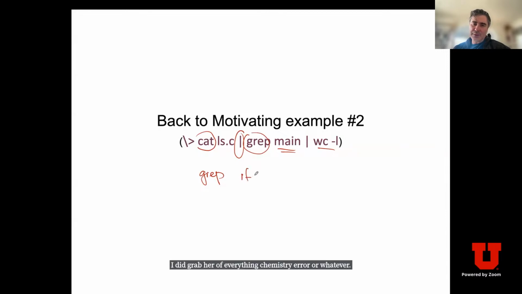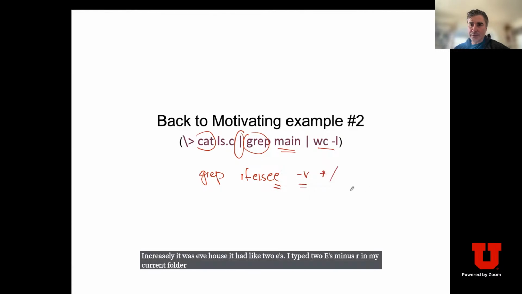It was if else, it had like two E's. I typed two E's minus R in my current folder. R stands for descent into subfolders. I didn't pipe anything, but essentially I just wanted to make sure that it will list me all the files where this line, which I was looking for, was located.